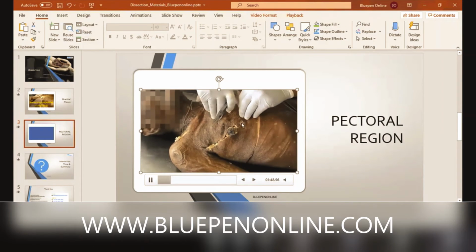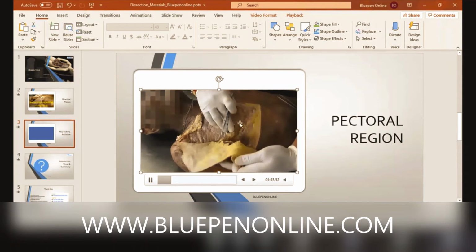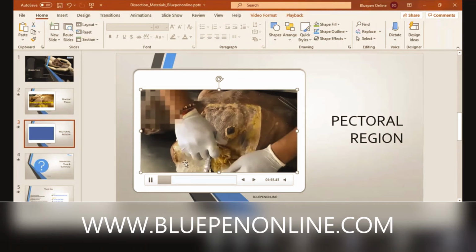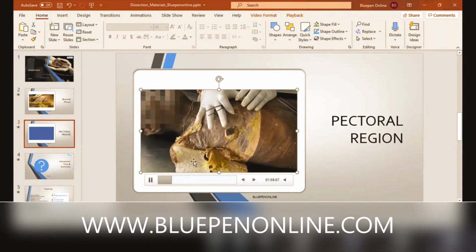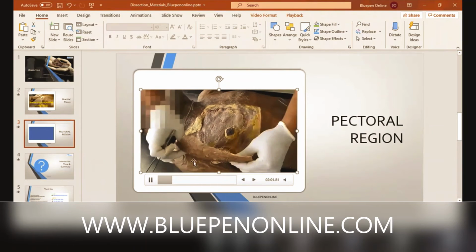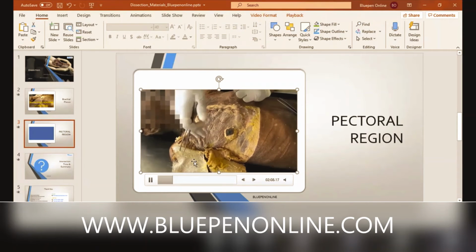After reflecting the skin, you will see the layers of the pectoral region: skin, superficial fascia and deep fascia. The superficial fascia is merged with the skin, it is already cut.